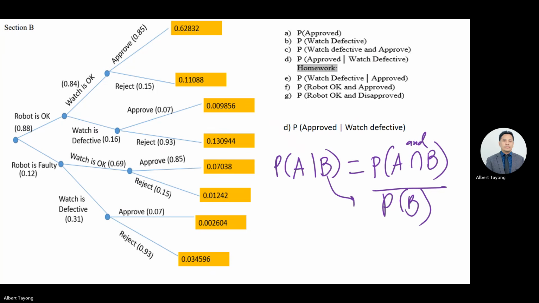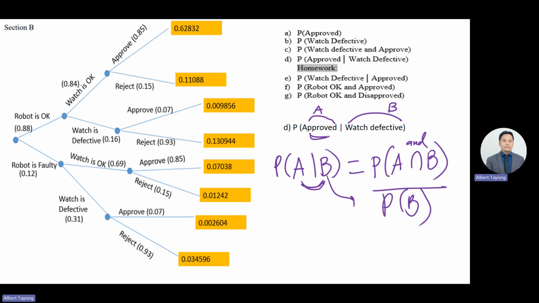Our A is approved, and this is our B. We are not going to change our A and B to the given scenario. A and B here could be any two events.